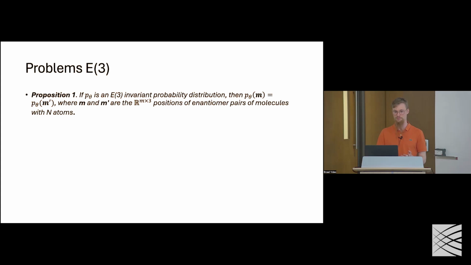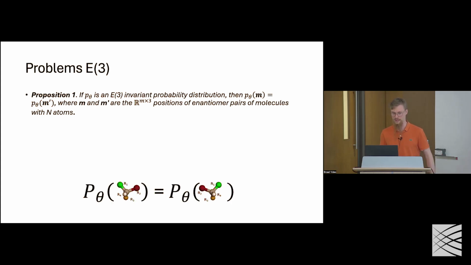This is kind of nice, these point clouds having E3 invariance because of the rotations and translations, but there is a problem: if we have an E3 invariant distribution, then the enantiomers will appear with the same probability.